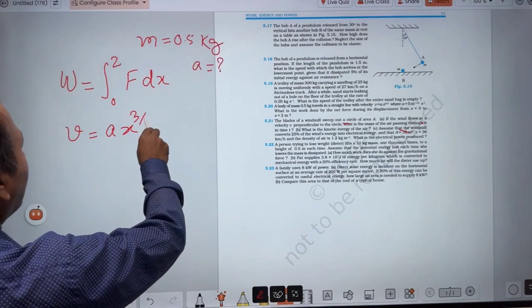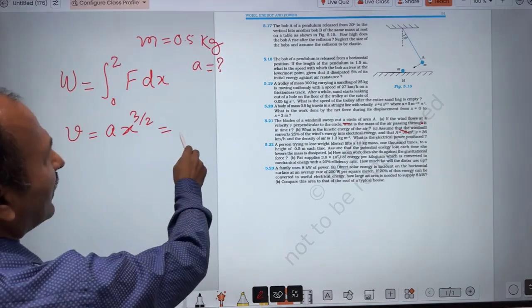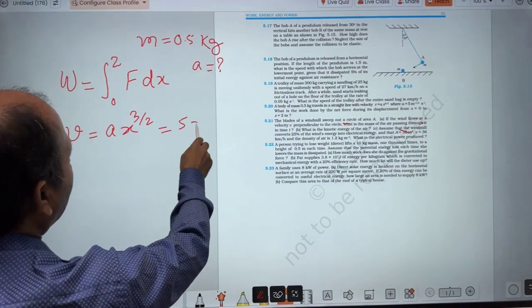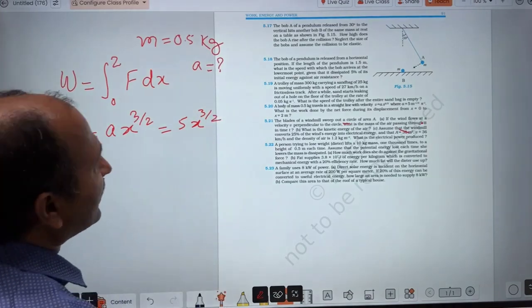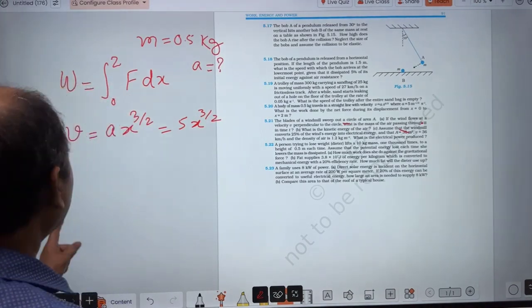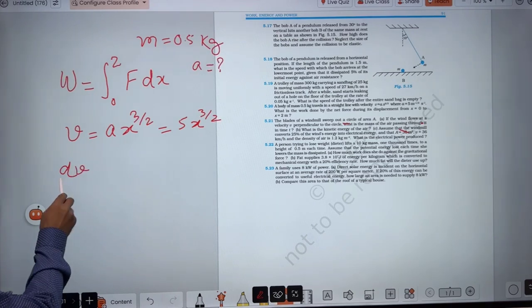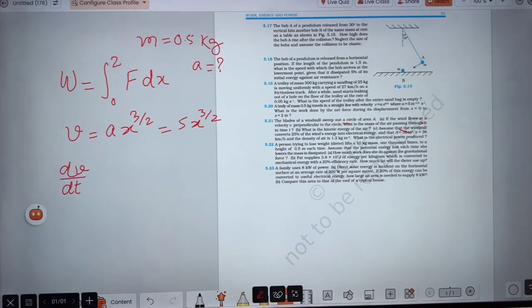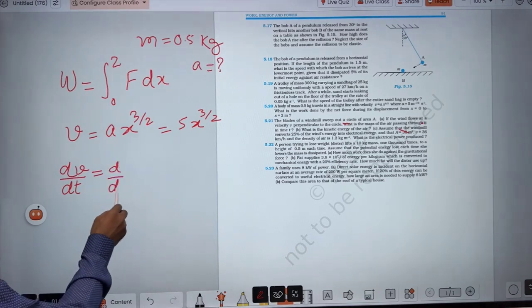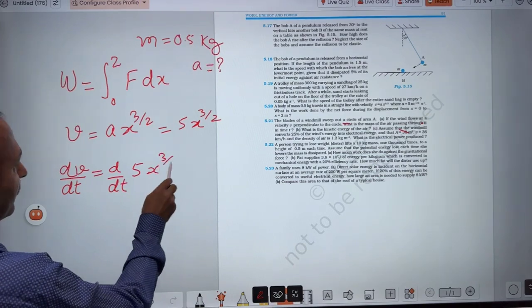So let's write it 3 by 2, and where a is also given, so we can put the value of a here as 5x power 3 by 2 meter per second. So that is the value of velocity. Now from here we can easily get acceleration. For that, if you remember, dv by dt is acceleration. So we can differentiate it. So we write here d upon dt of 5x power 3 by 2.